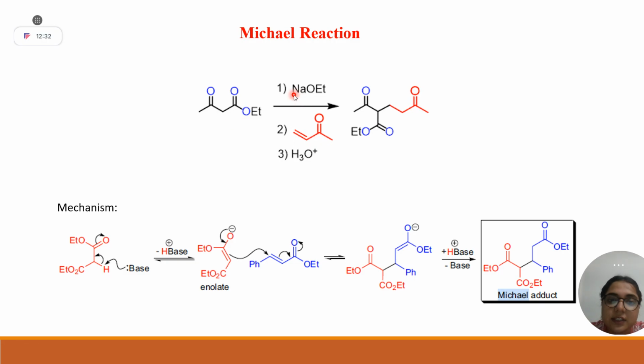It is going to abstract proton from this active methylene. And if we talk about kinetic as well as thermodynamic, this is an alkoxide of second group, OEt negative. So these are strong bases. It will obviously make your thermodynamic enolate. So it will abstract proton from this active methylene carbon, and now when it becomes a carbanion, it will attack your 1 4 position, right?